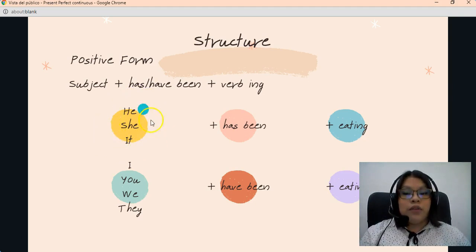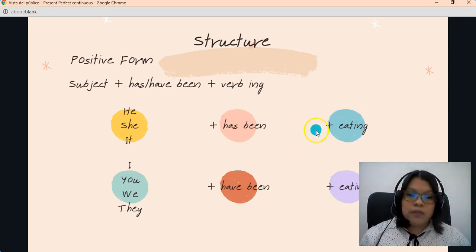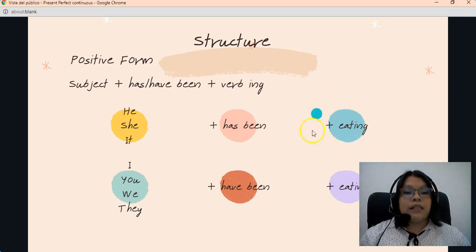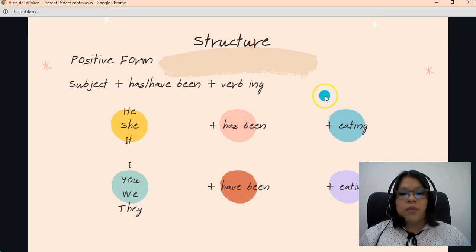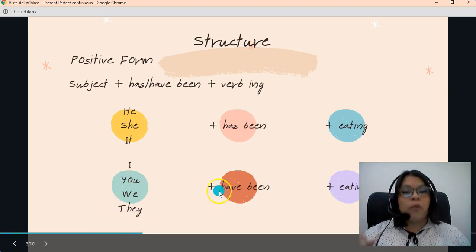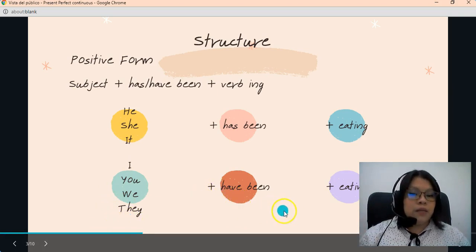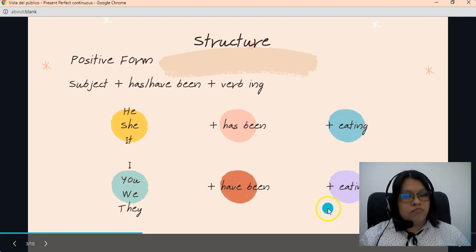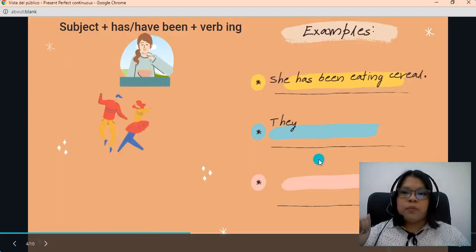For these three pronouns in third person we use has been, plus in this case let's take the verb to eat. Will be ing, you know, right? Exactly, eating. And for the pronouns I, you, we, and they, we will be using have been plus eating. Let's check some examples.